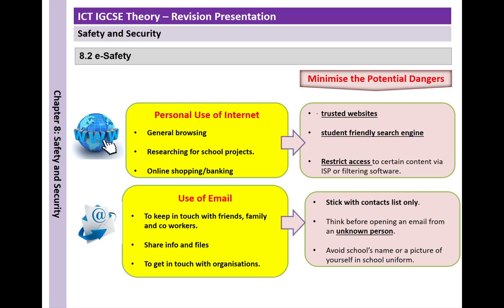Next, in electronic safety, we mentioned that we have some kind of safety that we have to follow, especially if we are using the internet or an email address. If you are using the internet, generally speaking, for browsing or researching or online shopping or banking, you should follow specific recommendations to minimize the dangers of surfing the internet.